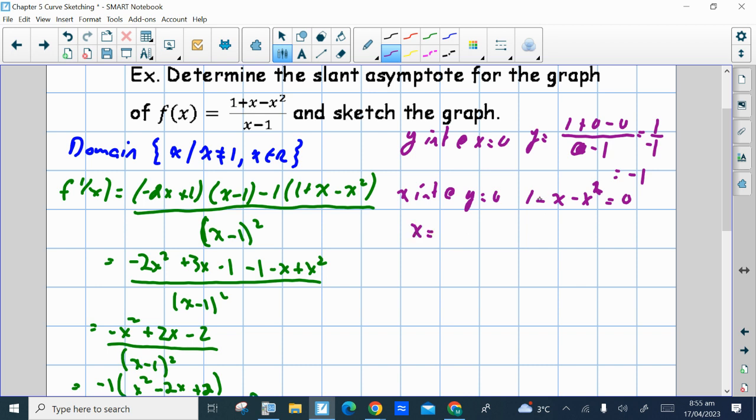Negative b, the value of b is negative 1, so negative b will become positive 1, plus or minus the root of b squared, again negative 1 squared, minus 4 times a, which is negative 1, times c, which is positive 1, all over 2a.